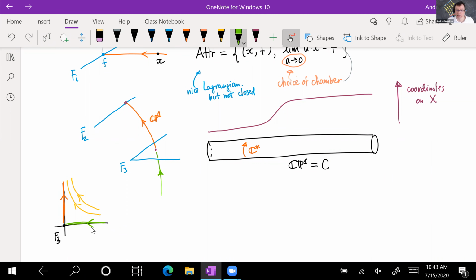This is logical. If I have a family of trajectories, and one of them all of a sudden ends on this fixed point, then I should allow a trajectory emanating from that fixed point. Does that make sense?